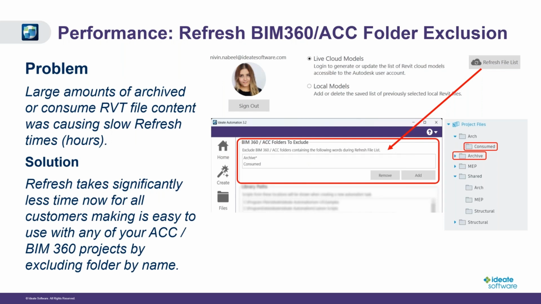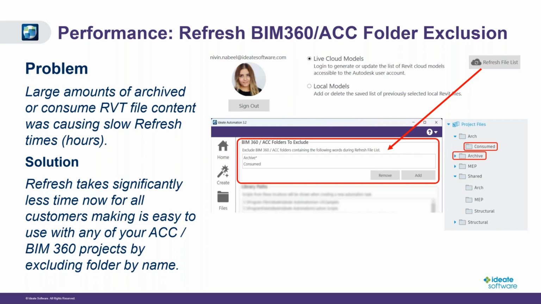So recently we've added the exclude. In order for you to actually get up-to-date information from the live cloud, let's say you just got invited to a new project or a project got renamed, you need to refresh the file list. In order to do that, it actually needs to go through the folders to find if there are any Revit models in there.